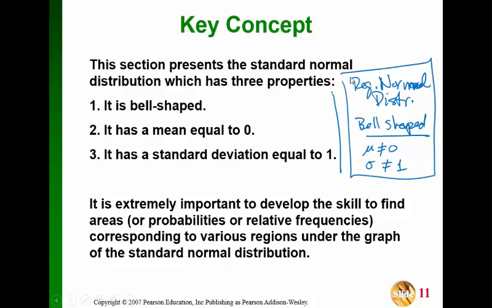So the difference between a standard normal distribution versus a regular normal distribution is that the standard normal distribution has a mean equal to 0 and a standard deviation equal to 1. But a regular normal distribution can have a mean of anything and a standard deviation of anything.